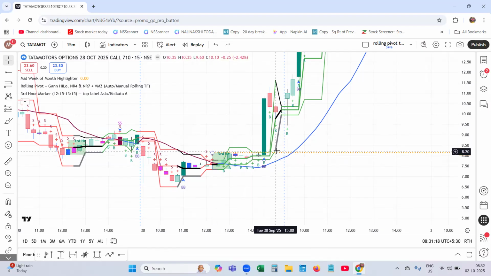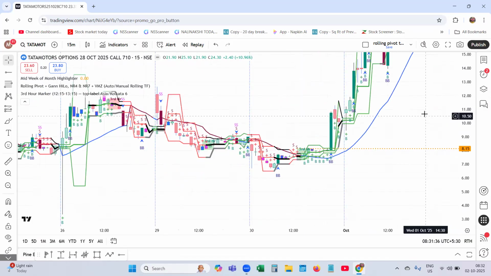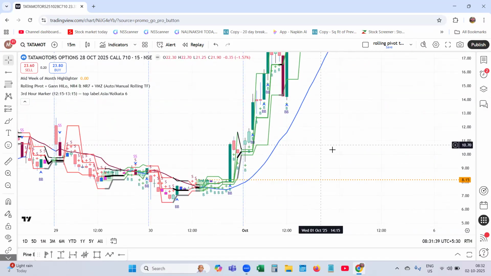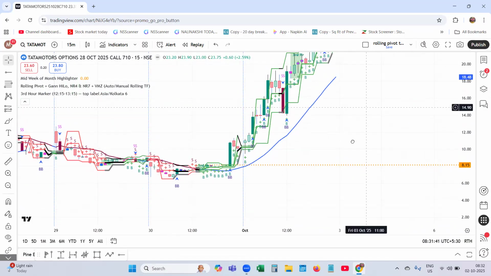So you could have entered at 8.15 with zero stop loss, because it rallied there and finally closed around 10 rupees 20 paise. Your stop loss will be your break even. You have entered around this and you could have held this position without any tension.